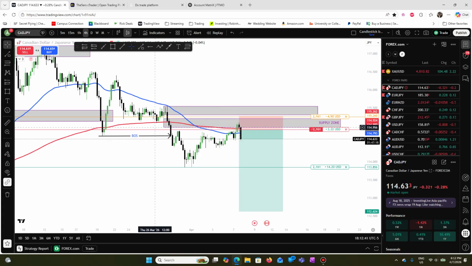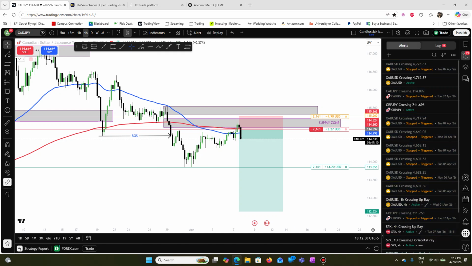When it touched that zone, the alert came to me and said, "Ooh, CAD JPY." Let me show you the alert. Where is the alert? This is right here. CAD JPY on crossing 211. If I go there, where is 211?